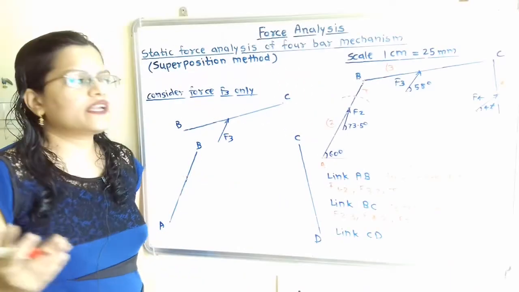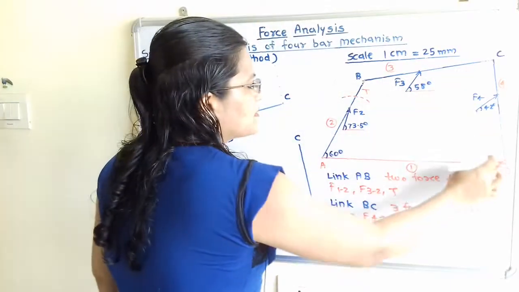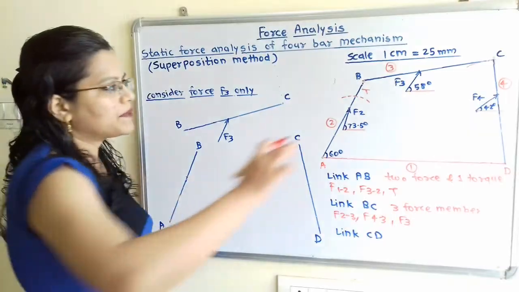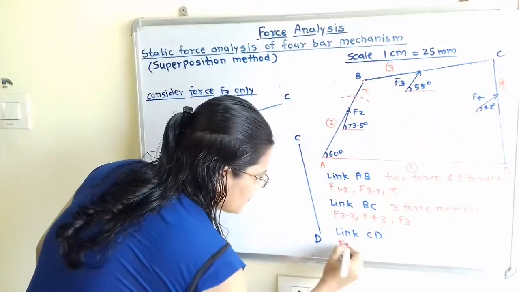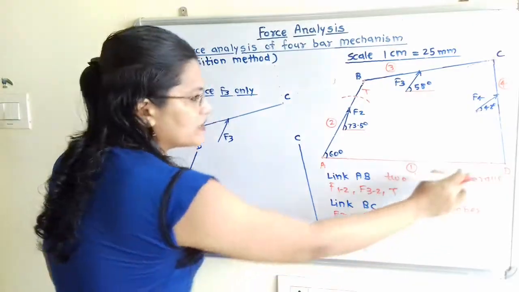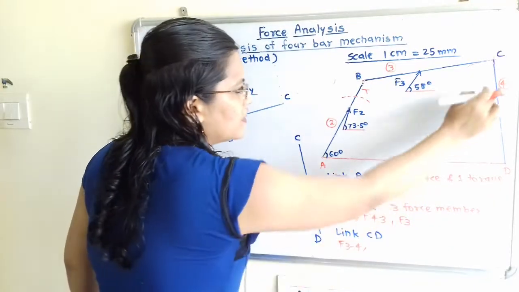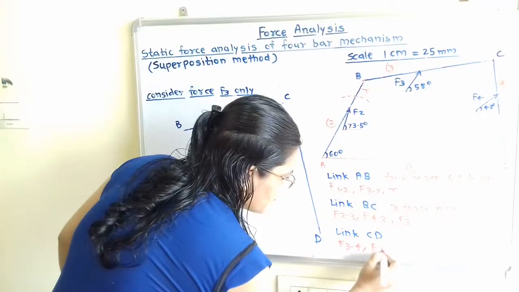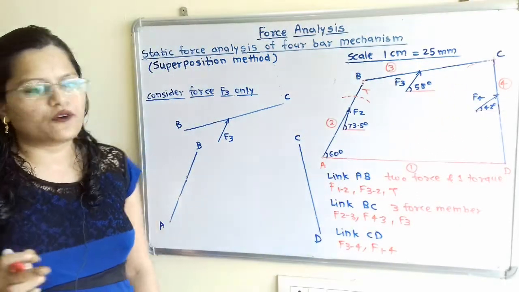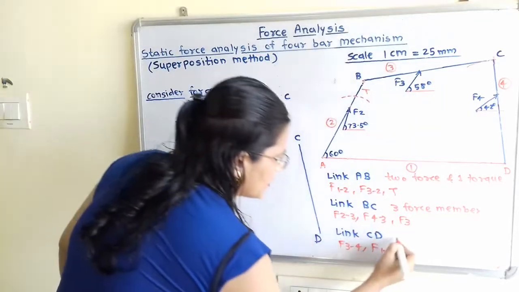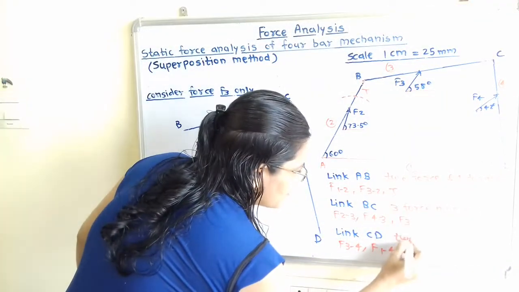Now we will move to the next member, that is member CD. So for this member CD, through this point C, there is force F34. Then through this point D, there is force F14. And we should not consider this force F4. So this type of member is the 2 force member.